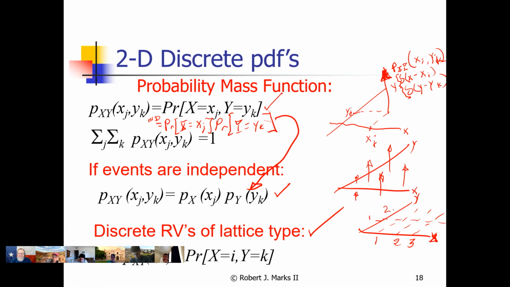If they're of the lattice type, all of the probability masses exist on the intersection of this grid. Is that okay?